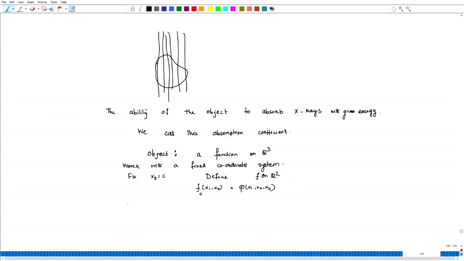So, now what are the rules we must follow? The object affects the intensity of the X-ray beam.